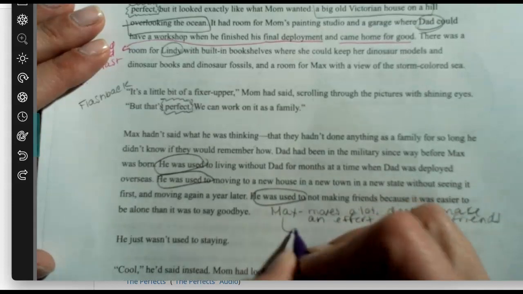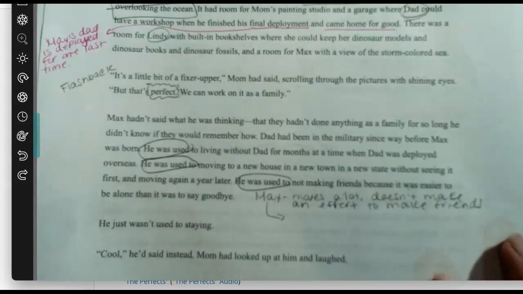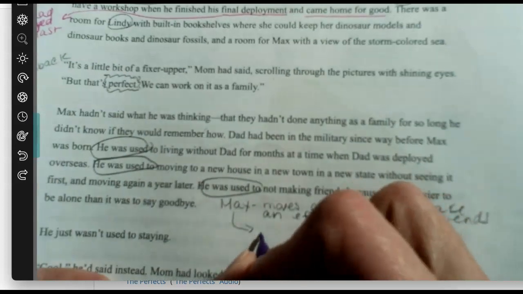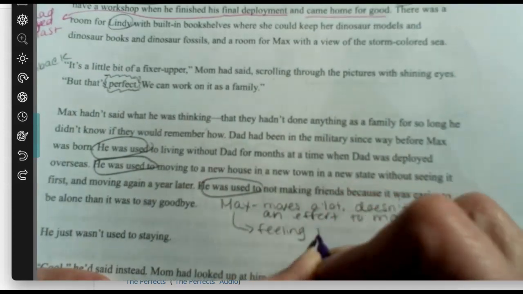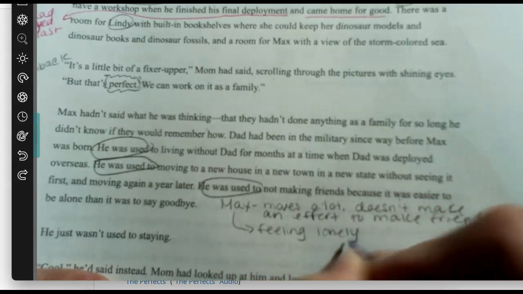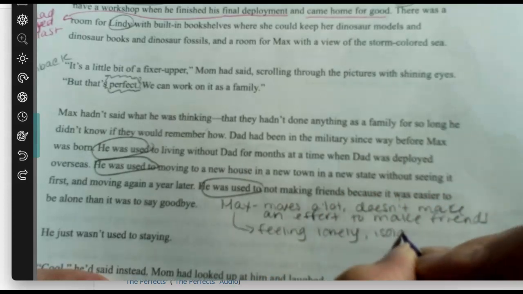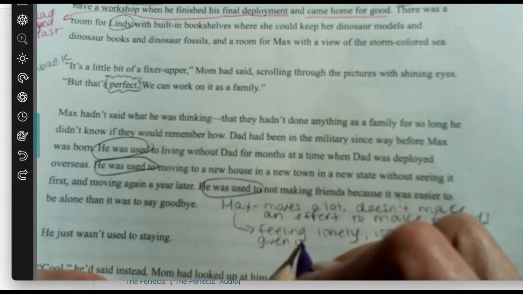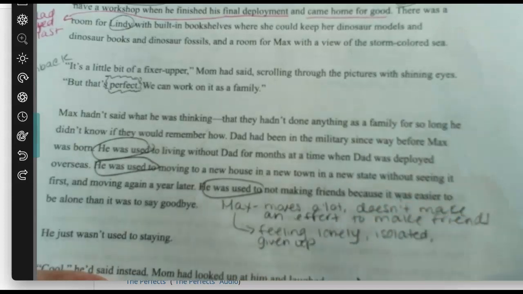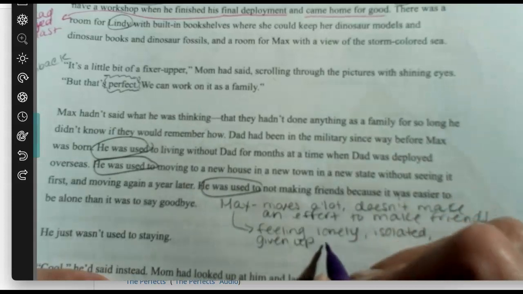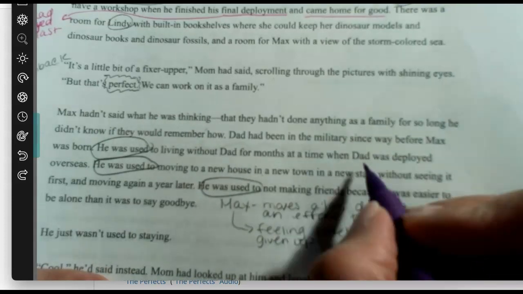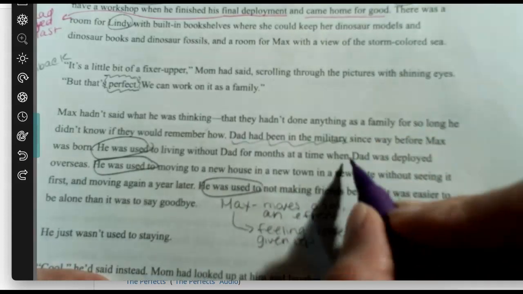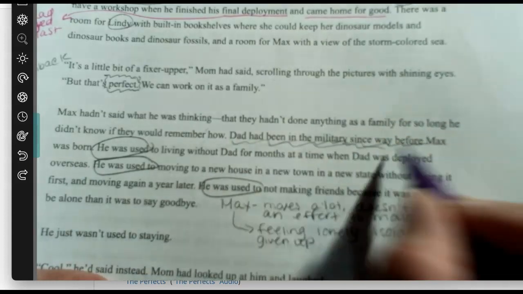So you can do a little characterization here: we can think that Max is feeling lonely or isolated, that he's almost given up on the idea of having a normal life, all because he's had his dad in the military for a really long time, okay?